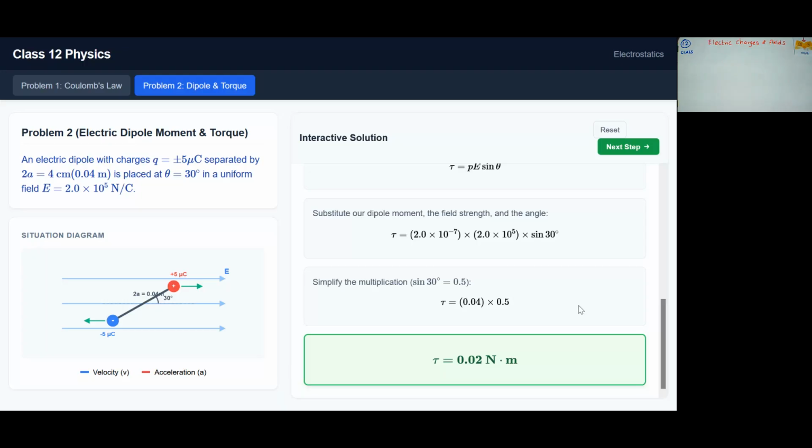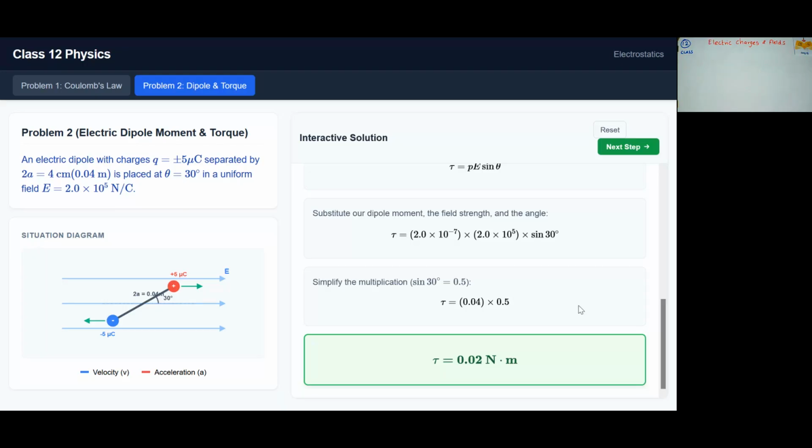So before we move on, look back at the diagram. You can see that green force arrow pointing in the opposite direction. The positive charge wants to move with the field, and the negative charge wants to move against it.